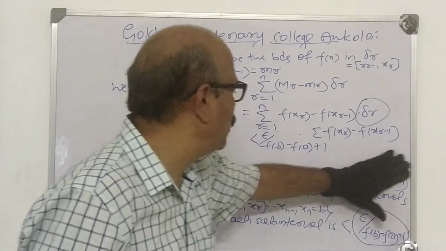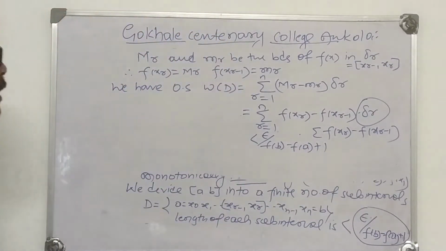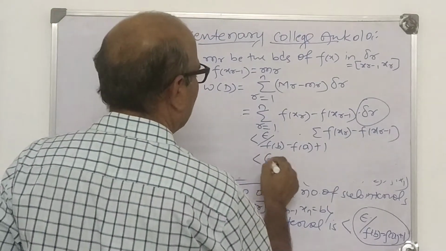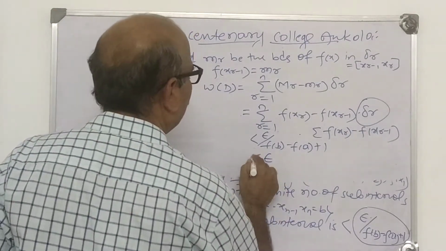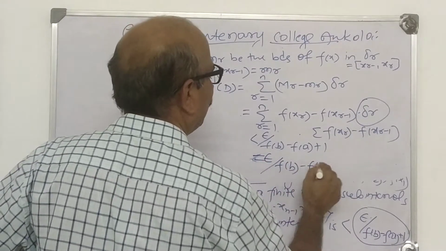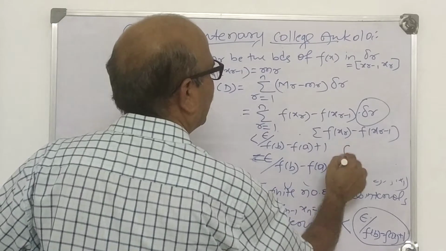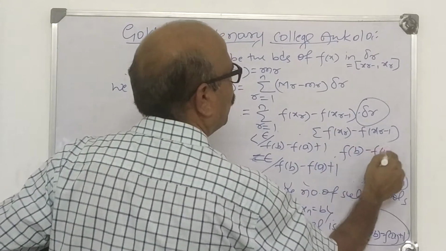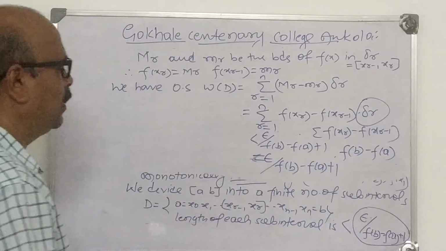Now, what is this sum? It is equal to epsilon by f(b) minus f(a) plus 1 times f(b) minus f(a). Now what happened?